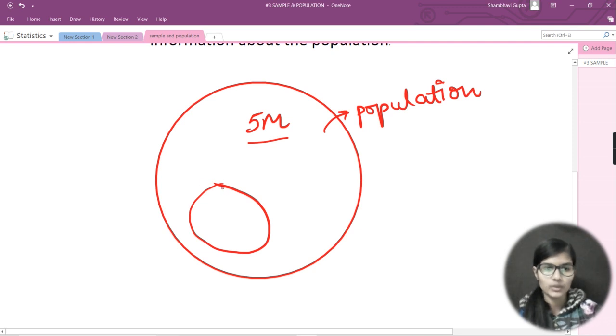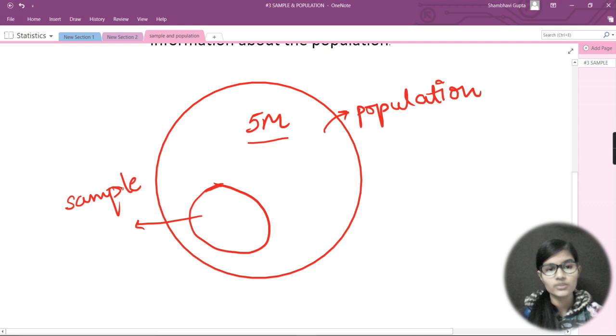Now what I can do is go to a particular area or school and survey 5 to 6 students to check the average they sleep per night from age 10 to 15.